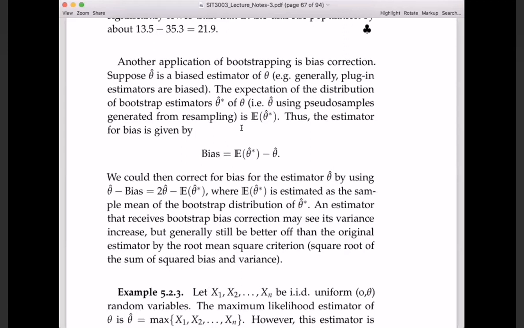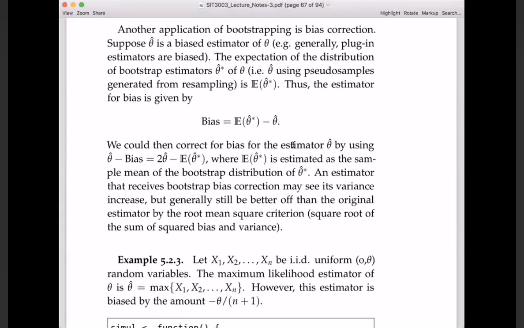You simply replace the parameters with their sample estimates. For example, if you want to estimate the coefficient of variation, which is sigma over mu, you replace it with the sample standard deviation over the sample mean.